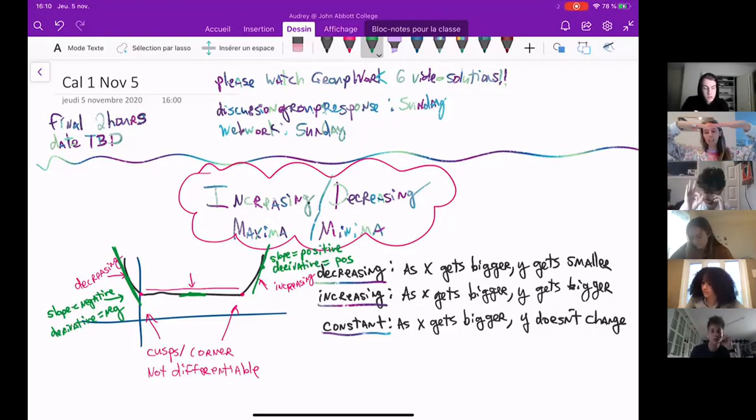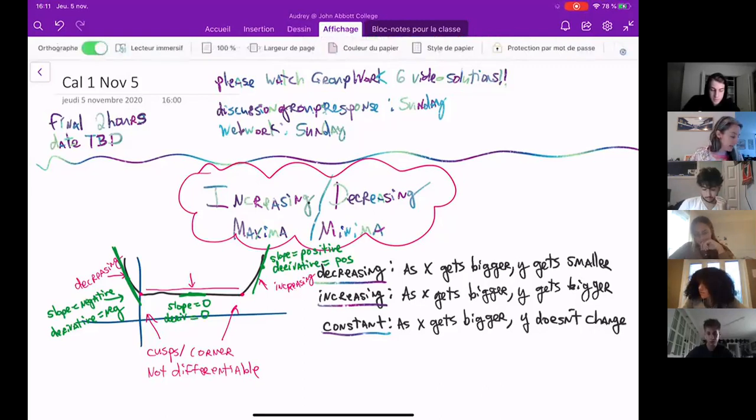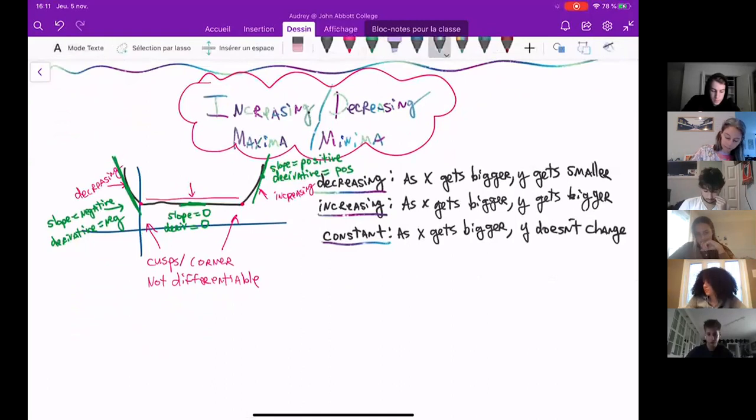The slope of a horizontal line is 0, which means the derivative is equal to 0. These ideas, of our slope being the derivative and finding that relationship between where the function is increasing and decreasing and the sign of the derivative, is called the increasing decreasing test, or the test for increasing and decreasing.